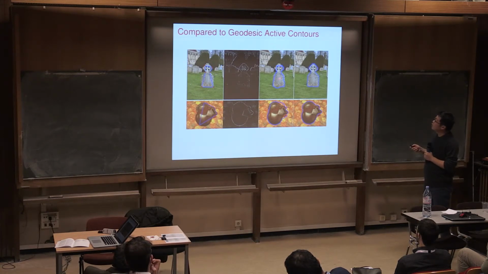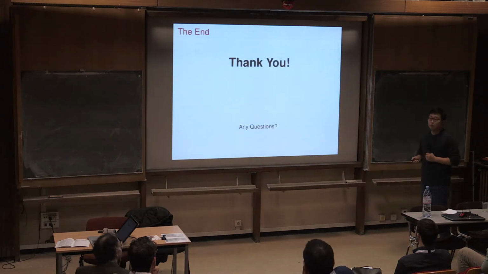We see in the third column some part of the contour has leaked into the background, but some part of the contour has not reached the boundary. But with the fixed points, our model can get a good segmentation result, even in some very weak edges like this. Okay, thank you.